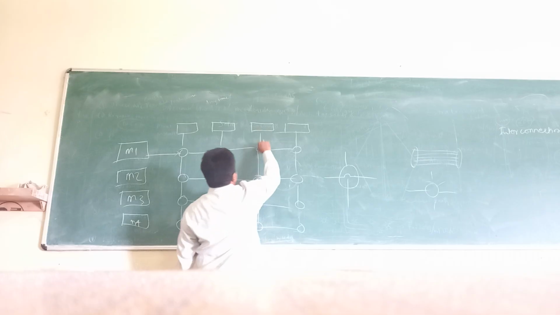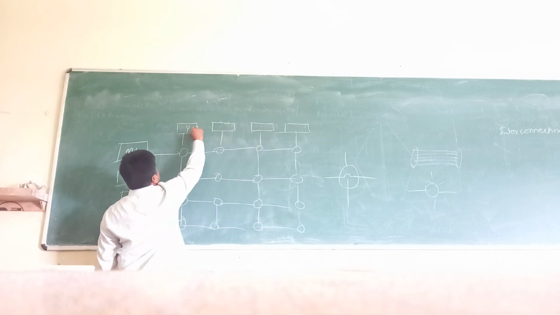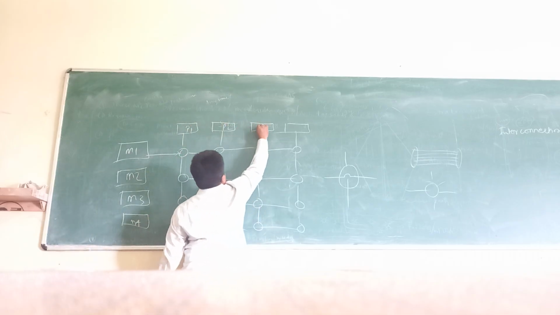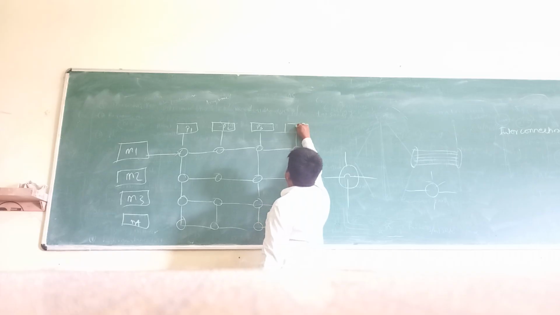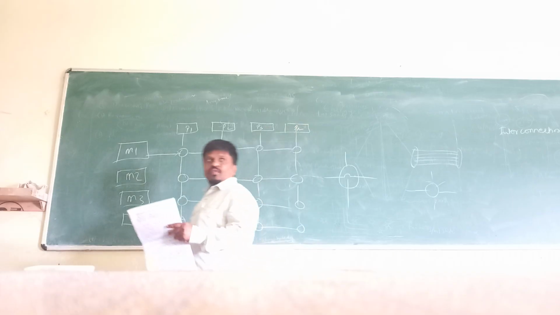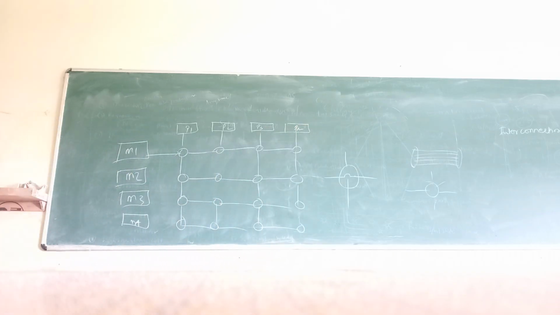I will be connecting these processor units, P1, P2 cores, with the help of the switches. This is the main diagram of the shared memory crossbar system.